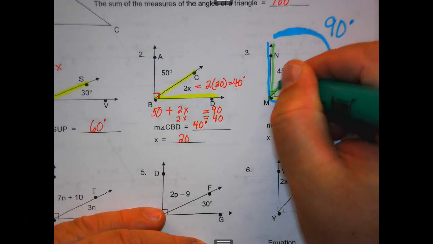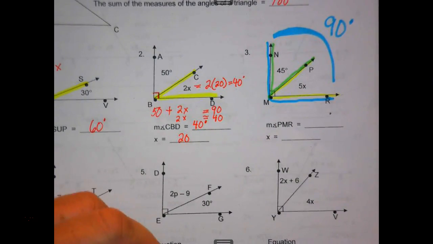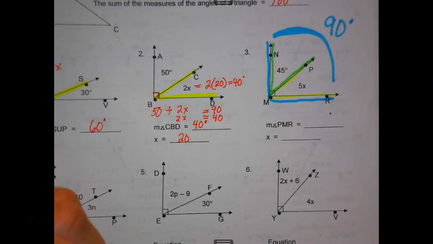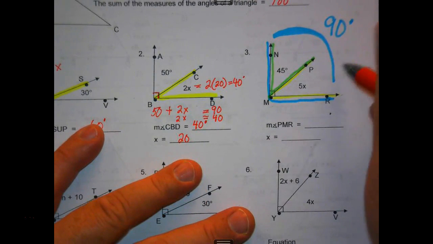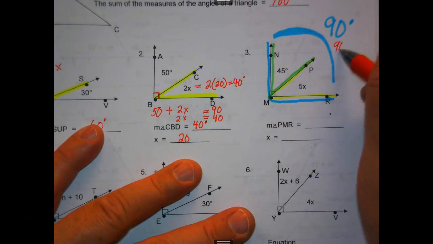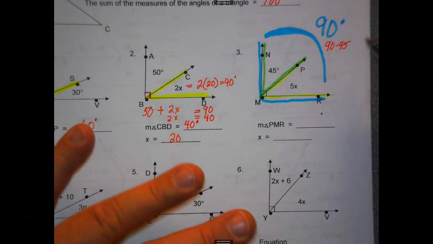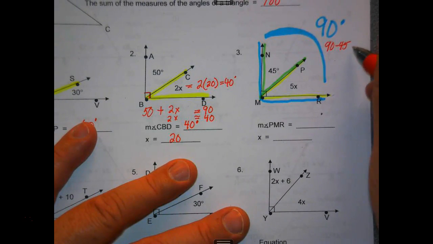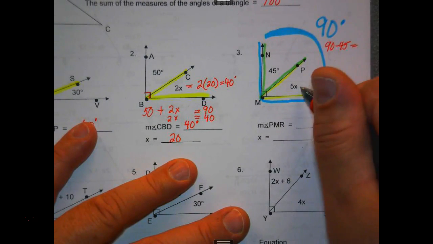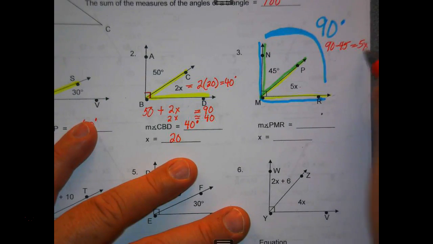We know that that angle is 45. So what does 5x have to equal? Well, algebraically, we take 90 degrees, we minus the 45. That has to be what's left over, which is 5x.